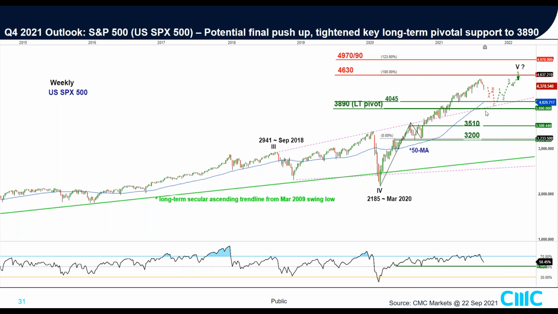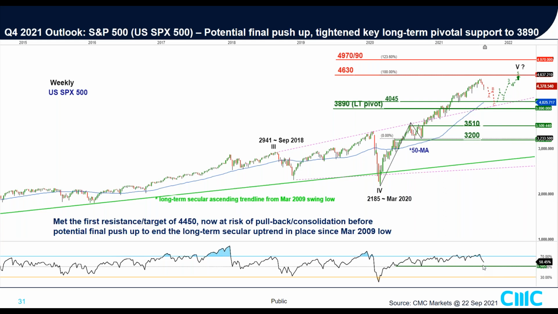A weekly close below 38,900 should take us down potentially to test the next support at 35.10, then the 3200 figure. All right, your RSI is still showing no bearish divergence, still holding above the support at the 50% level.